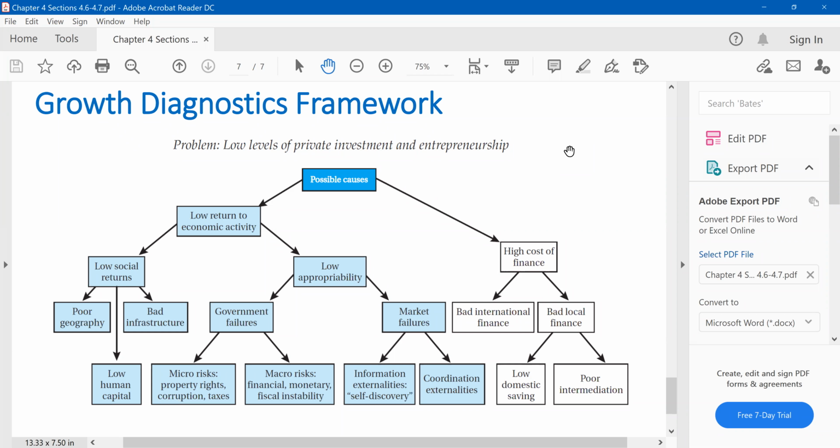All right, questions like these could be highly relevant, and you can do it for many different countries and many different contexts. So that's all I have for self-discovery and growth diagnostics approach.